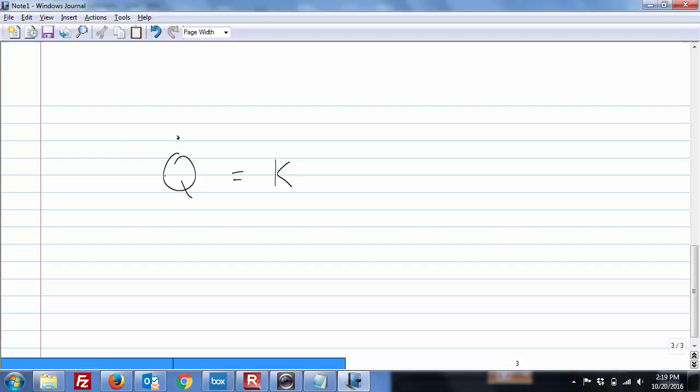I mean, it's the time derivative of heat, so it's thermal power. Thermal power equals K times the area times the temperature difference.